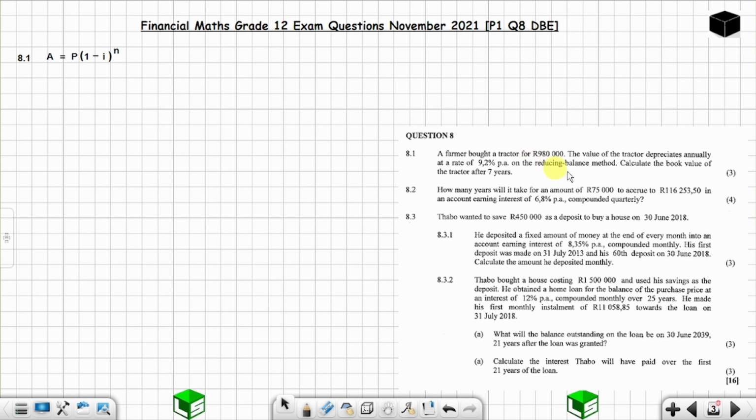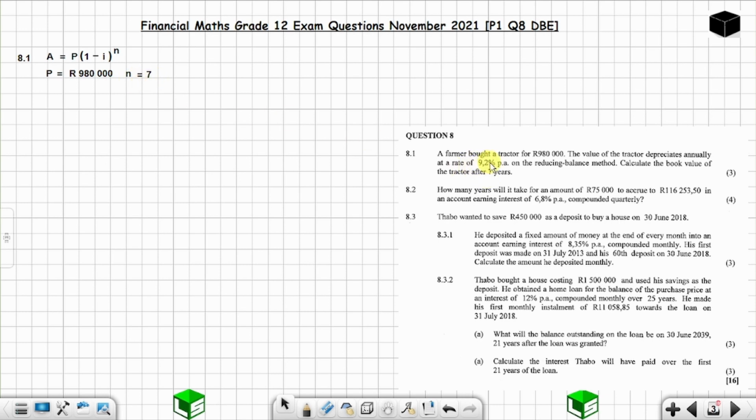So the question is, calculate the book value of the tractor after 7 years. This is our initial value, which is P. N is equal to 7 years, the number of years.